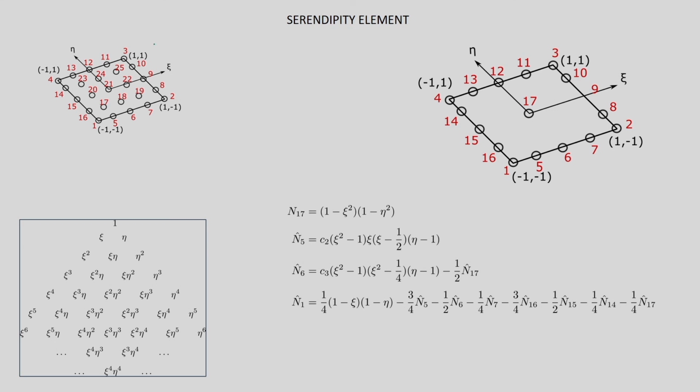So here I have shown the element that has been obtained from the tensor product family of shape functions, where (p plus 1) whole square, that is for p equal to 4, we have 25 shape functions non-zero in this current element, out of which 9 shape functions correspond to this element only.